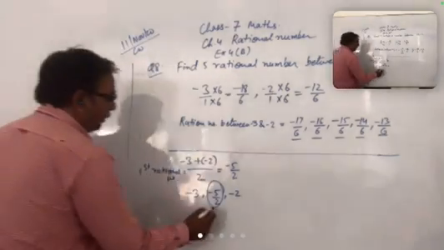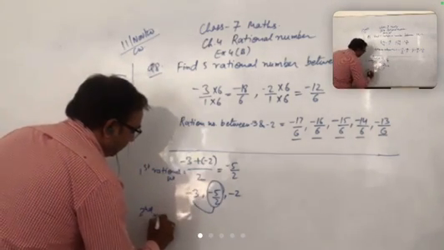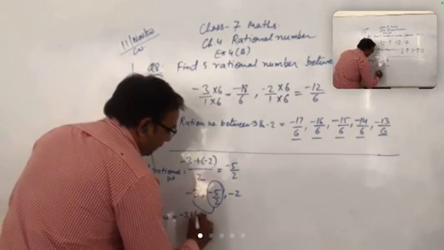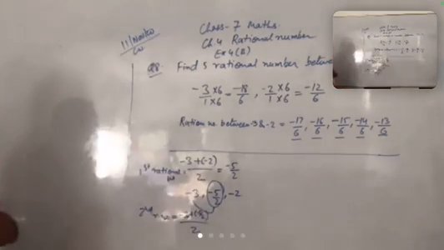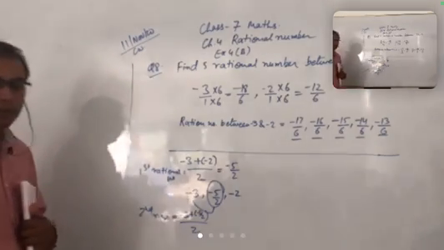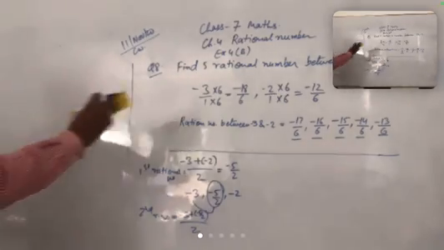Then if you find another number, the second rational number is equal to -3 plus -5 by 2, upon 2. Now this is clear. This I told you for your answers, but you don't use this method. You can use the earlier method only.